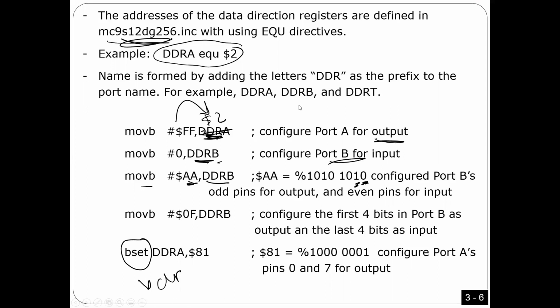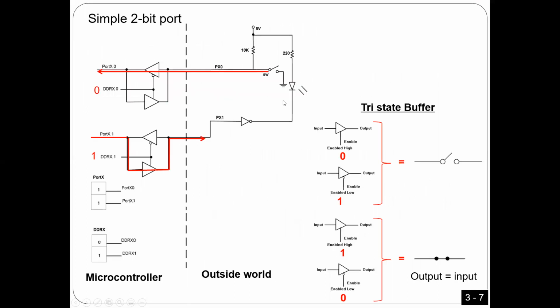I also explained last time that I have to configure. That's true, but the question is why do I need to do this configuration? Simply because when you do the configuration, you make a change in the hardware.